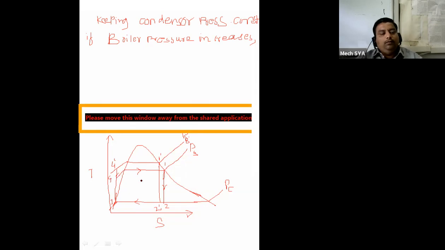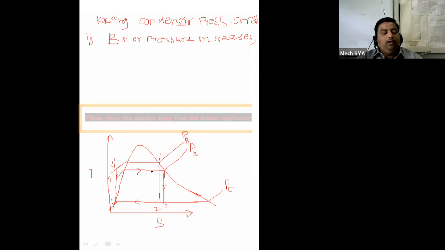Now if you see here, due to increased boiler pressure, there is a new area 1 dash, 2 dash, 3, 4 dash, and the original Rankine cycle area 1, 2, 3, 4. Which area seems to be more?